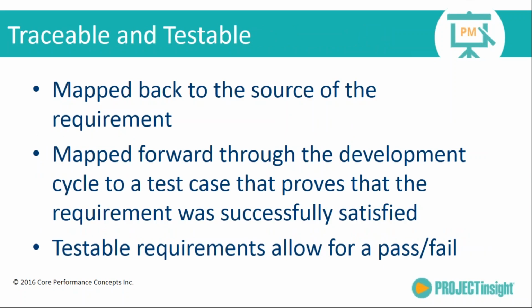And the last group I want to talk about is traceable and testable. One of the things that PMI is stressing is traceability of requirements. When we create requirements, we want to make sure it goes back to the source of the requirement, and the source of the requirement is actually the problem we're trying to solve.